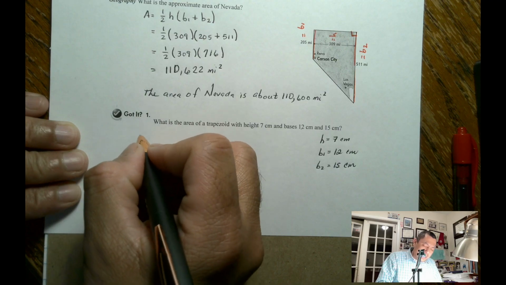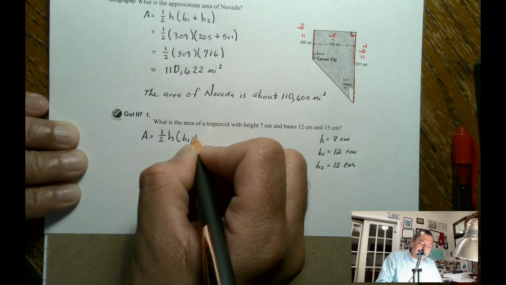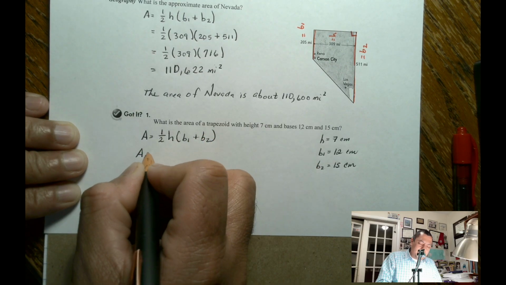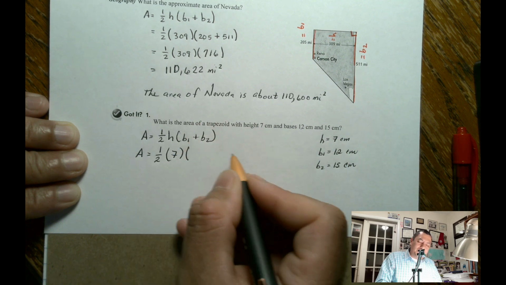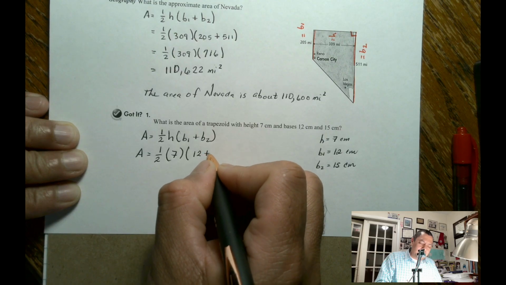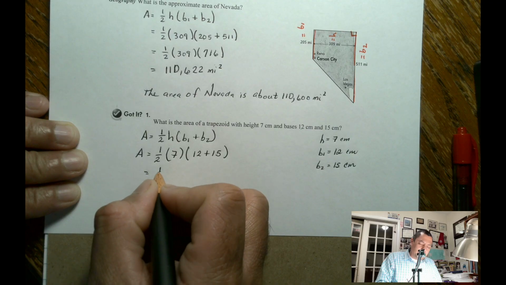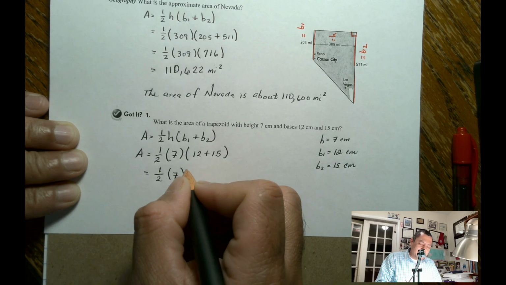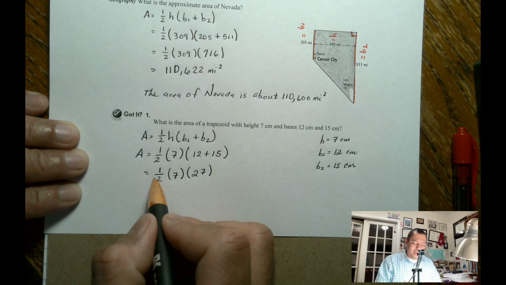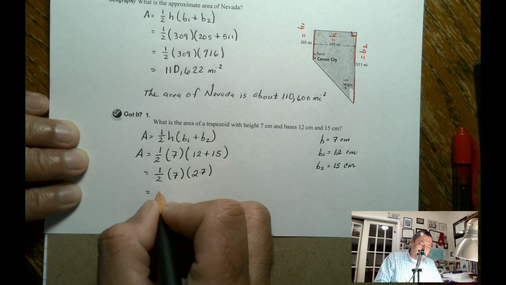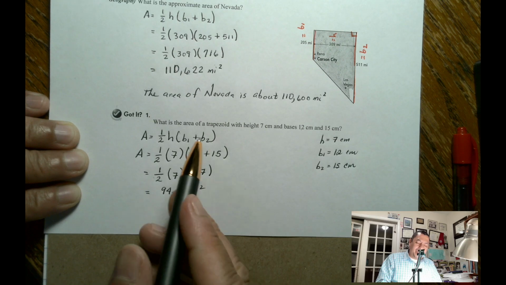Now the formula: area equals 1/2 height times base 1 plus base 2, so area equals 1/2 times 7 times 12 plus 15. Then we simplify: 12 plus 15 is 27. So this equals 1/2 times 7 times 27. Plugging it in the calculator, 1/2 times 7 times 27 equals 94.5 square centimeters.